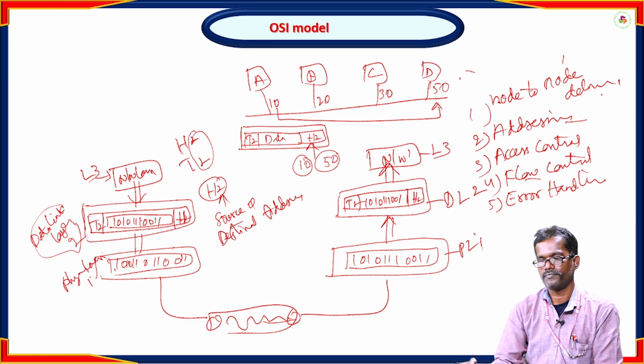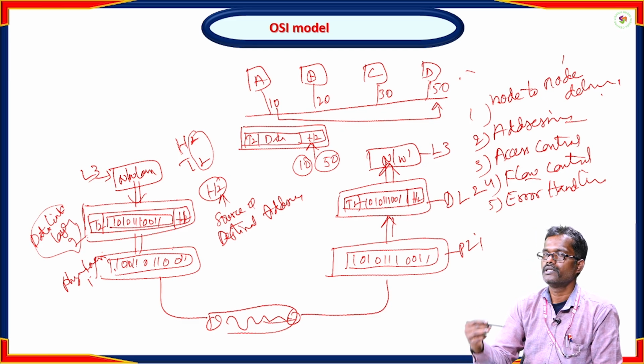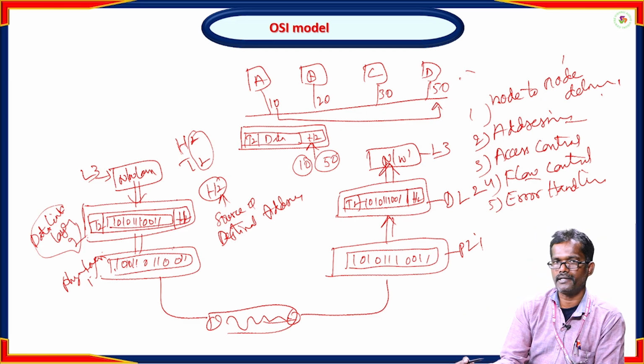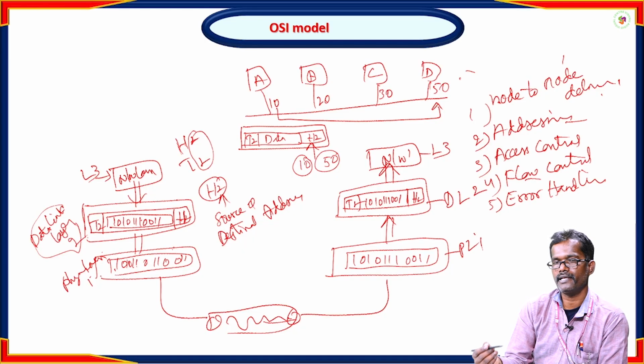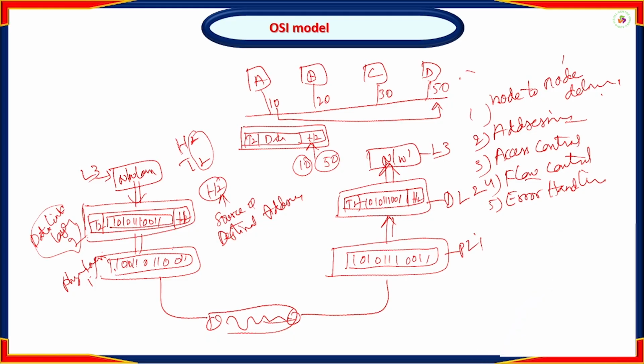Flow control is how much data is to be transmitted in that particular channel, which will also be handled by the data link layer. Then error control and error detection, all these techniques will be taken care of by the data link layer. And synchronization: at least one receiver should be there for synchronization. This is related to the data link layer and the physical layer.